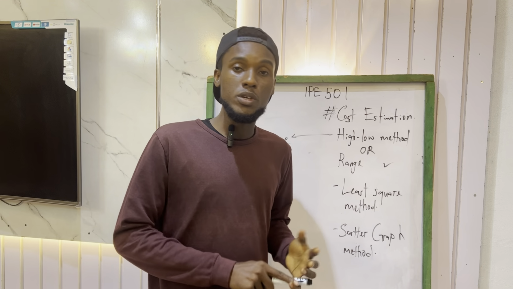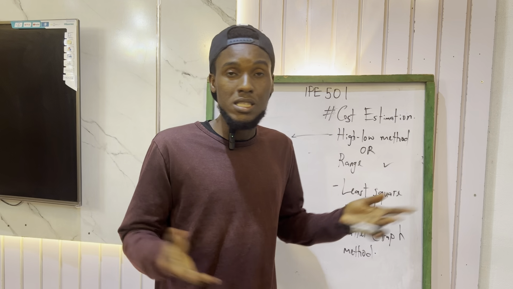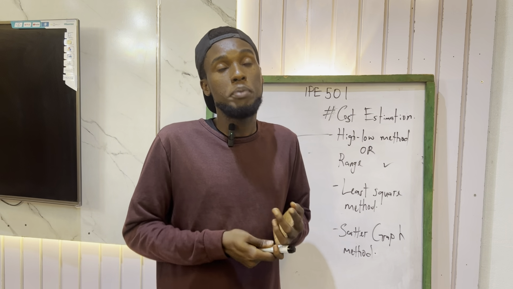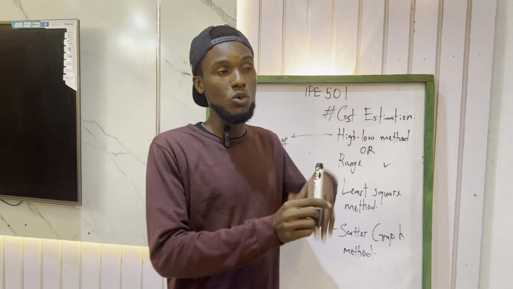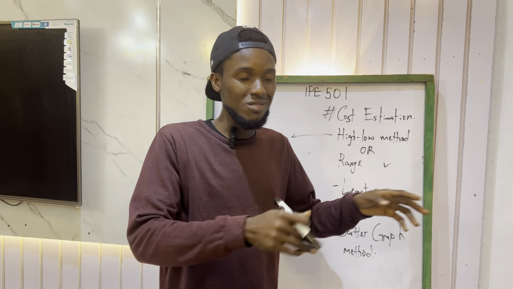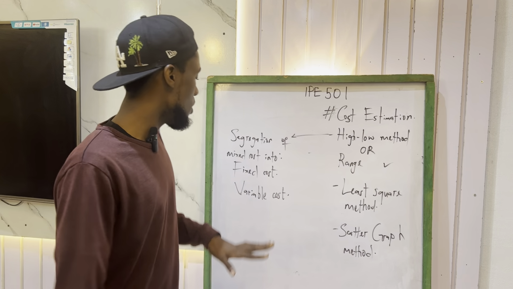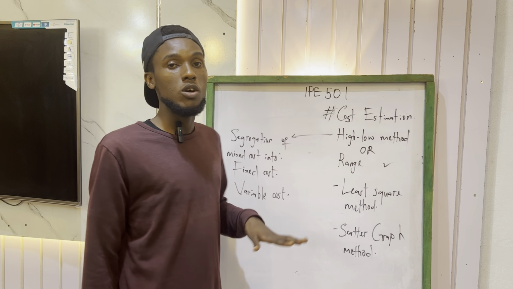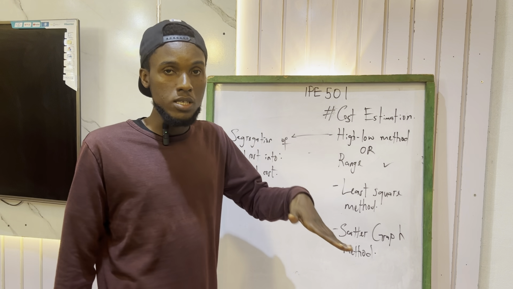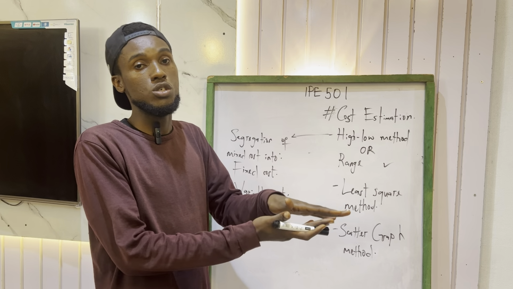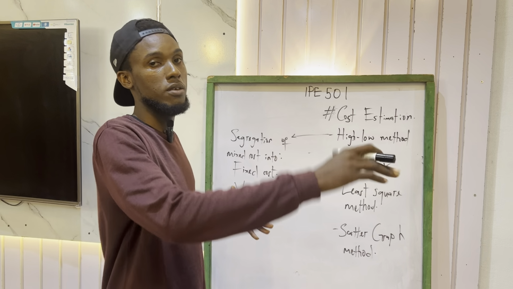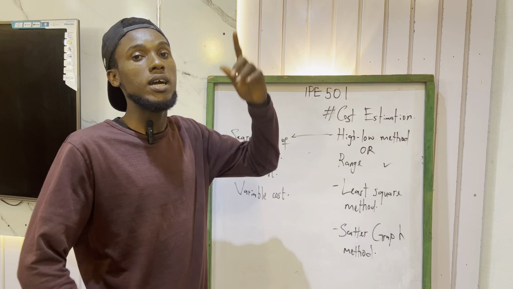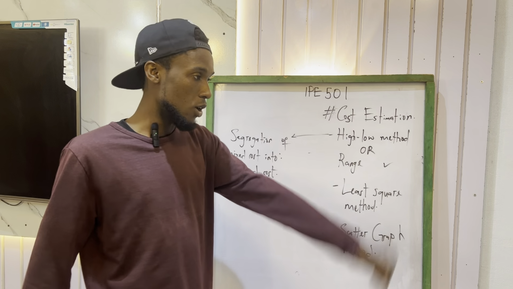Whether the company is producing 30 gallons of paint per day or 50 or 100, or they don't even produce, maybe one of the sections got burnt, they will still pay the rent. But variable costs are costs that fluctuate. They have a direct relationship with the level of output. If your output is high, they are high. If your output is low, they are low.